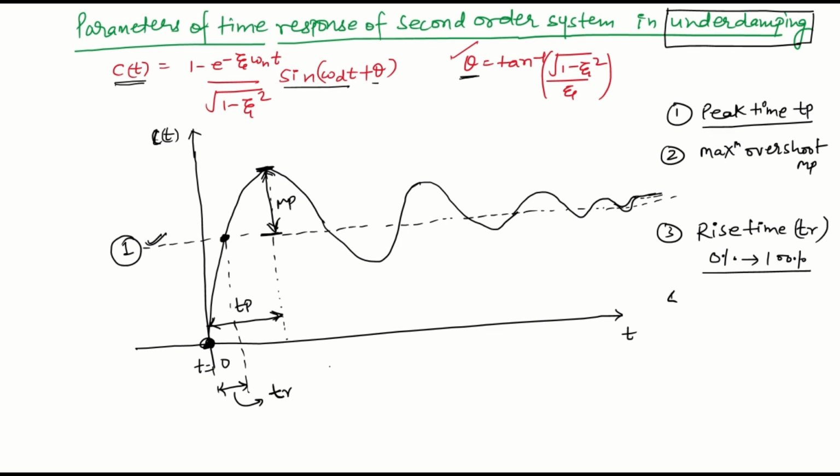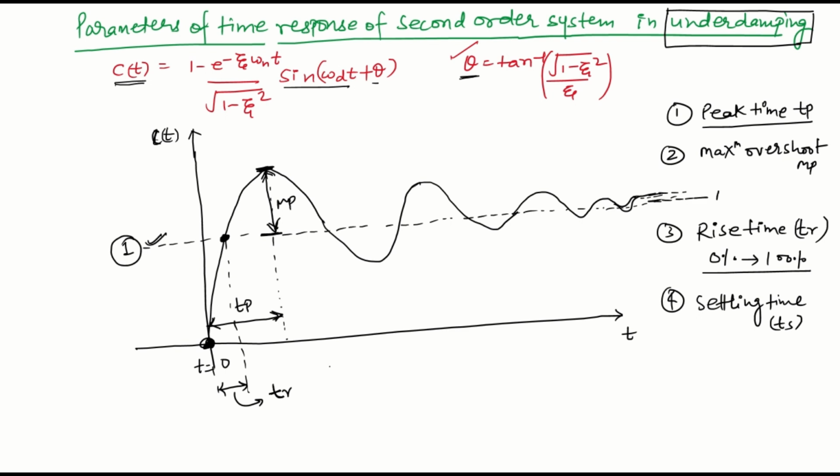Now the fourth parameter is the settling time, denoted by Ts. The settling time is the time required by the output to settle down within plus minus 2% tolerance band. So what exactly is the tolerance band? This value here is the steady state value 1.